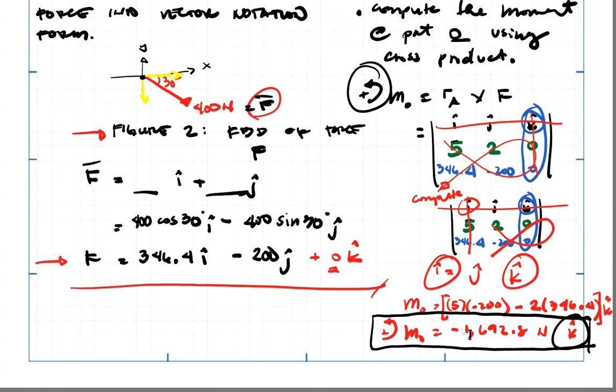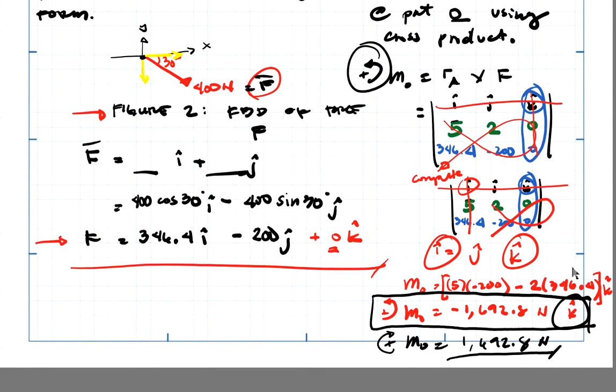Since this is a negative value, it only means that the rotation it creates on the body, instead of going counterclockwise, is in the opposite direction, which means we have a clockwise moment with a value of 1692.8 Newton-meters. So all in all, this is our answer for the moment caused by the given force F at point O.